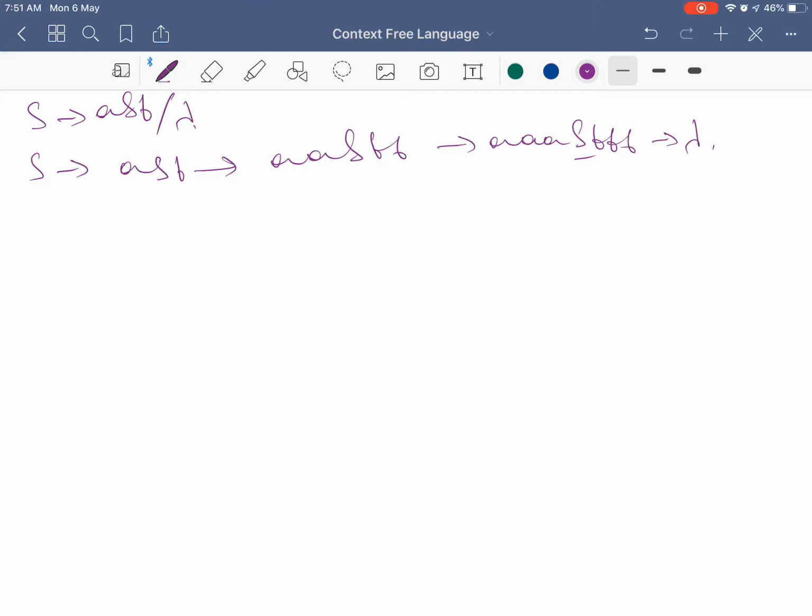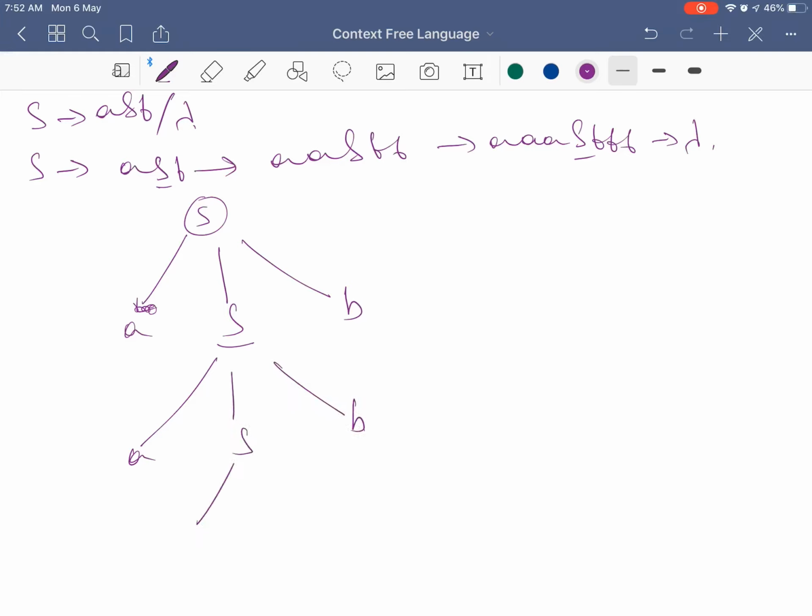Now as we have already told, the derivation tree is an ordered tree where the left hand side will be labeled as a node, and the right hand side will be labeled as the children of this node. So I can write it like this. The arrow will not be there. Again this S is being replaced by ASB, so I can write it like this. Then this S will be replaced by ASB, then ultimately this S is replaced by lambda. So this is the ultimate derivation tree, which is, first of all, an ordered tree.